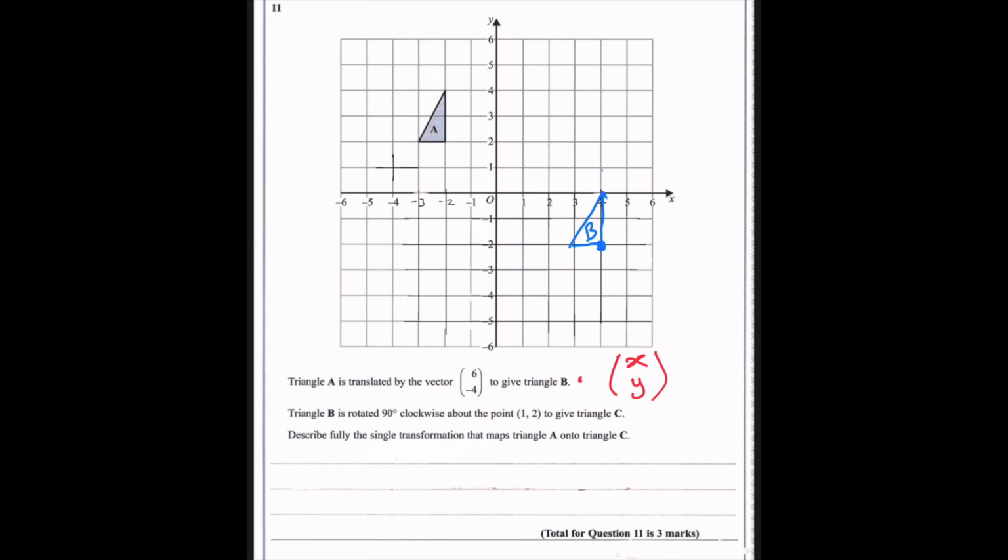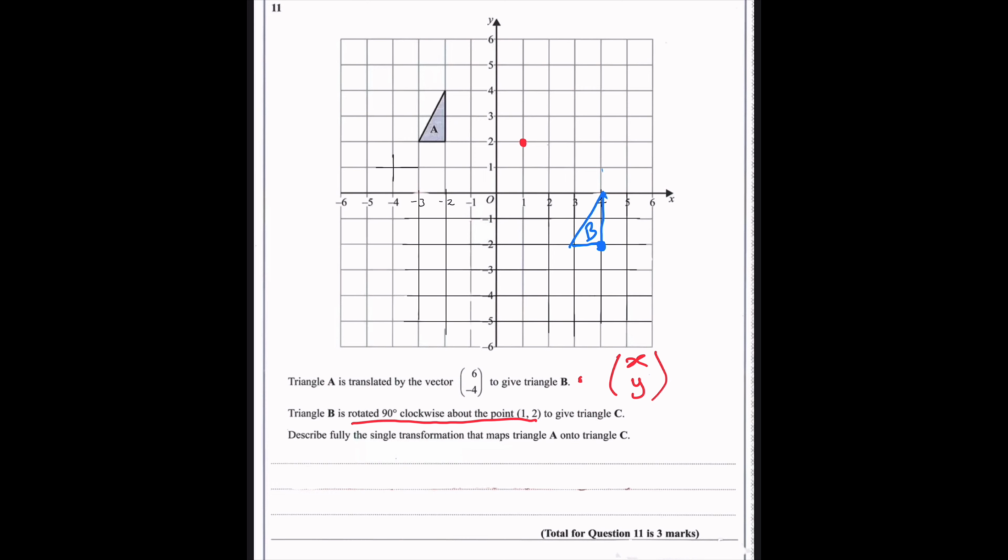Now for the next bit, triangle B is rotated 90 degrees clockwise about the point 1, 2. The point 1, 2 is over here.